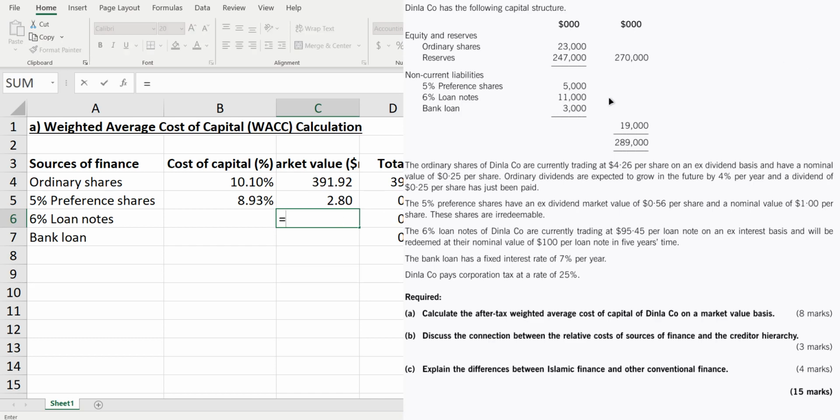Loan notes 11 divided by nominal value, which is 100. Usually loan notes nominal value is 100, and multiplied by 95.45.